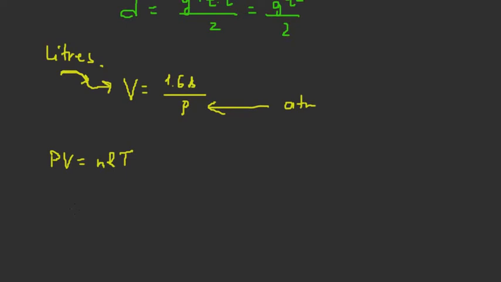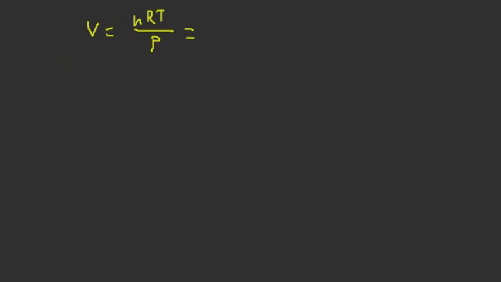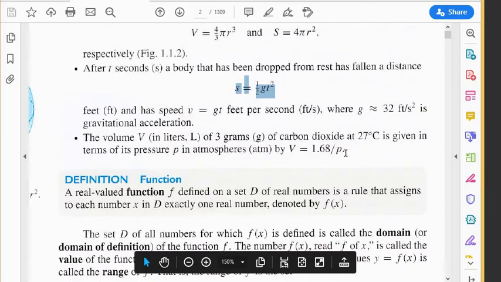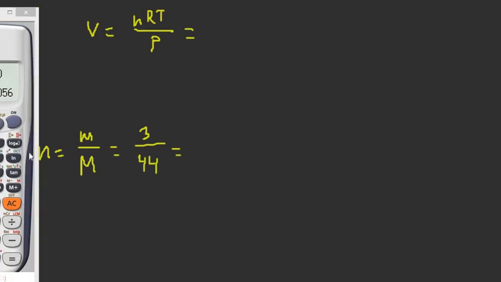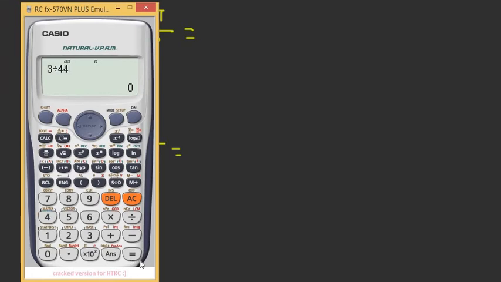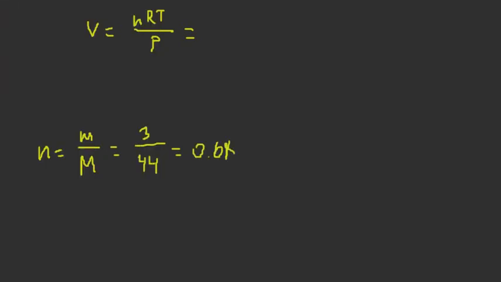From there we can take V out and write V equal to nRT divided by P. In our case, the number of moles n is equal to m divided by M, where m is 3 grams, divided by the molar mass, 44. 3 divided by 44 is going to give us 0.068.